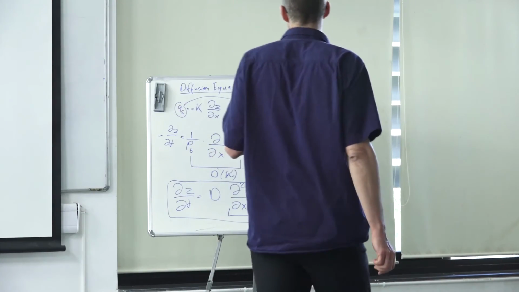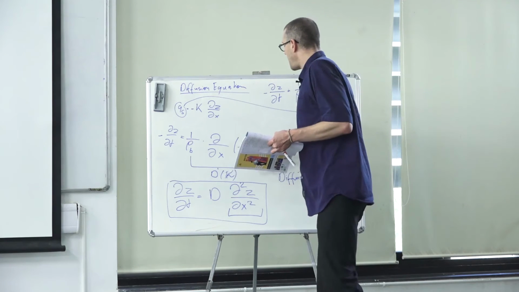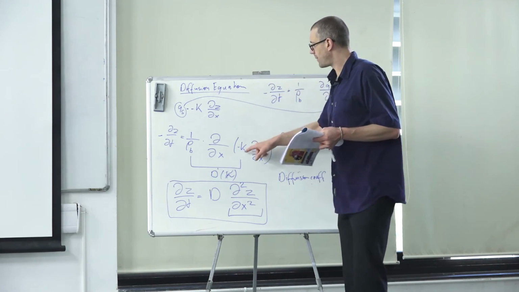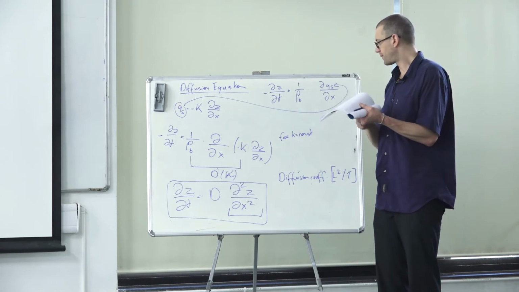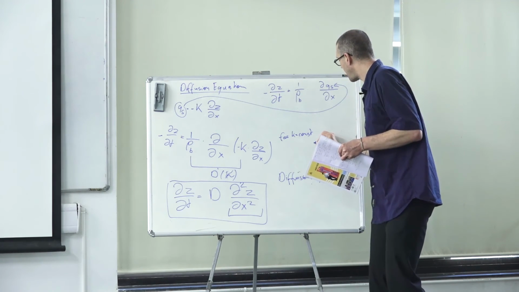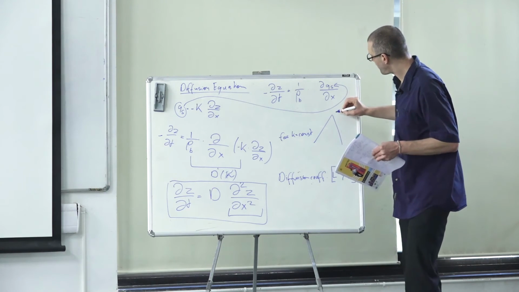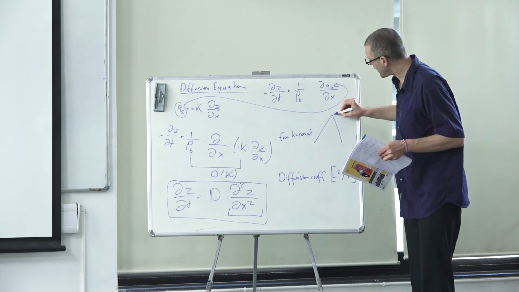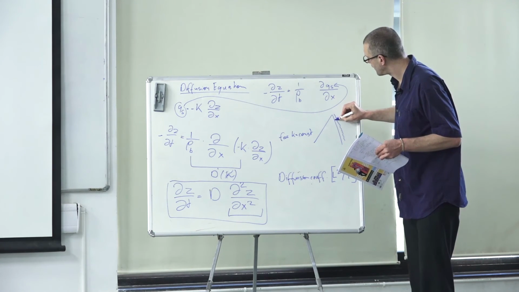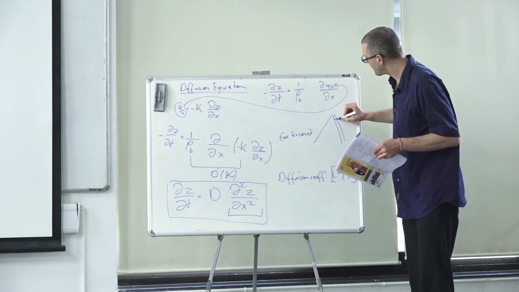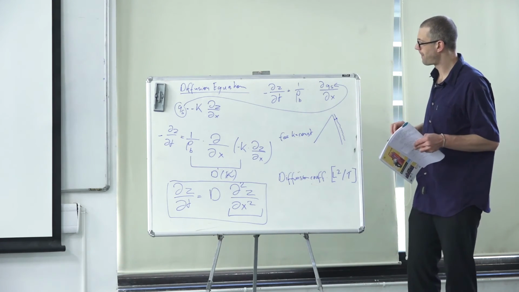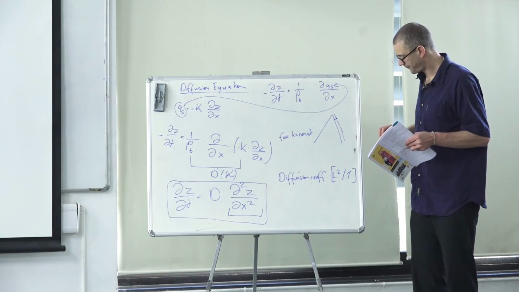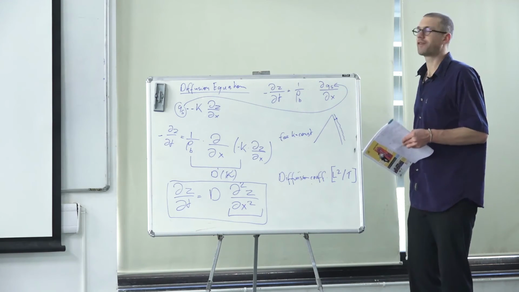Okay? K is essentially the soil properties along the slope. So if you envision you have your slope, K is, for example, the thickness of the soil cover.